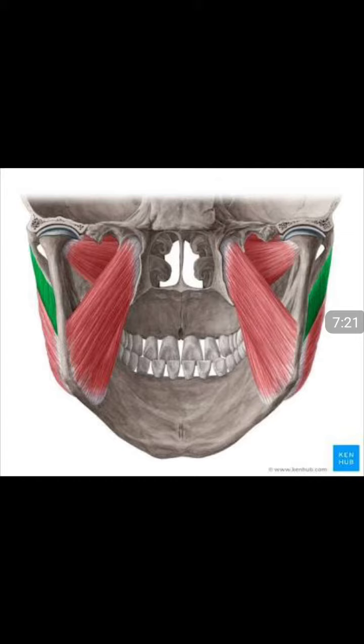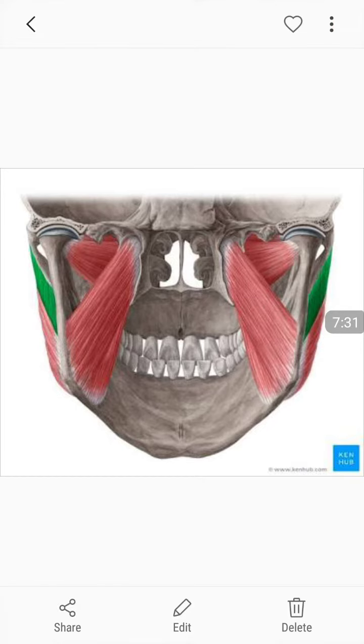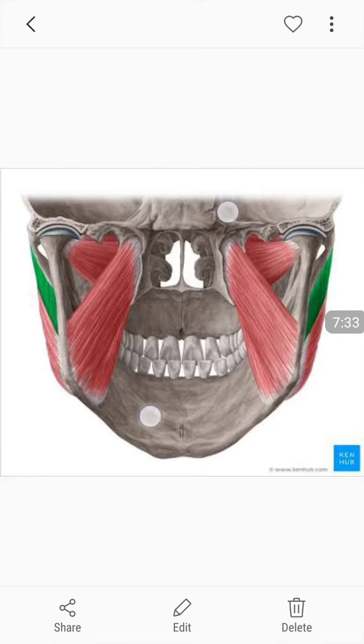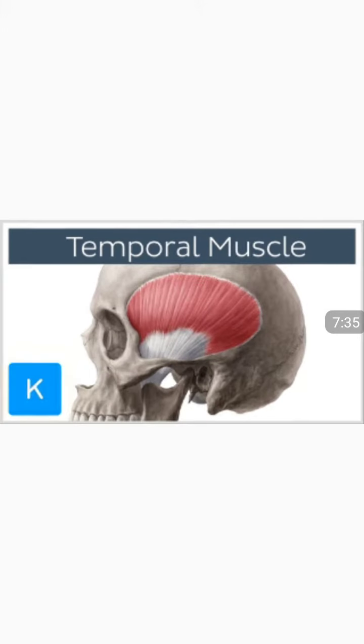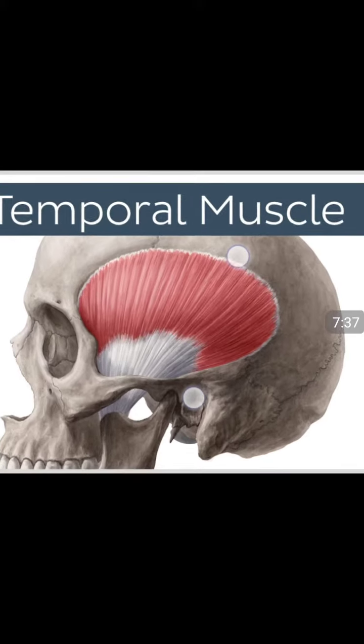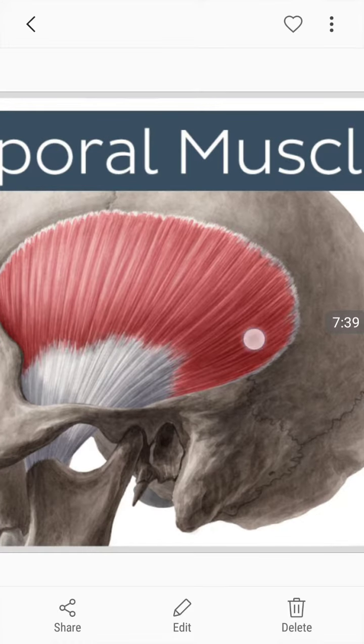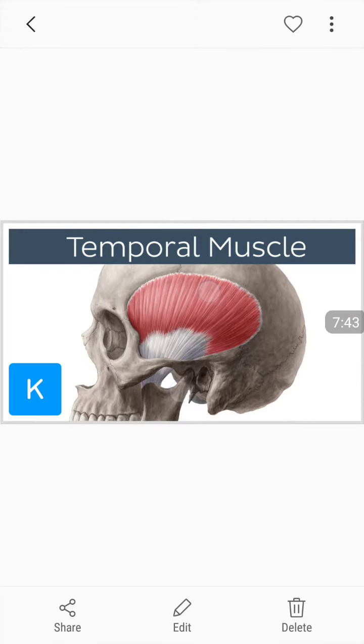For example, lateral pterygoid, masseter, and medial pterygoid would protrude the mandible. Only the temporalis muscle, with its posterior most parts which are horizontal, would retract the protruded mandible.